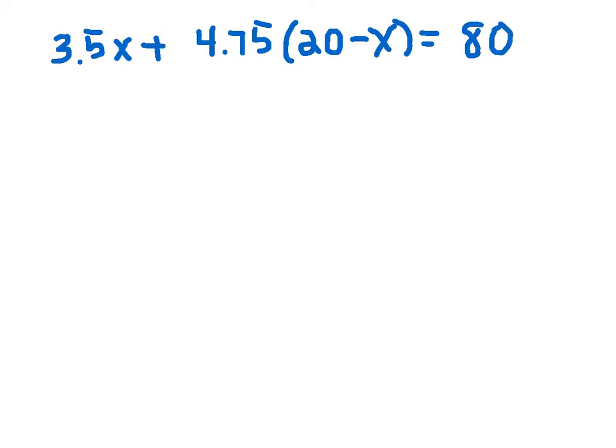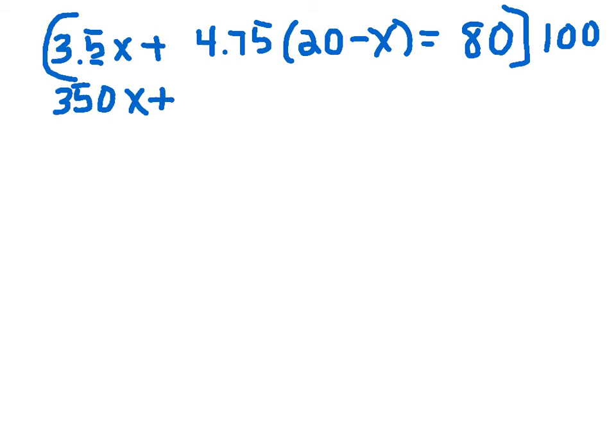You might want to do the decimal destroyer, since I want to get rid of 2 decimal places, so I'm going to multiply by a 1 with 2 zeros, otherwise known as 100. So this is 350x. You don't have to do this, but 475.